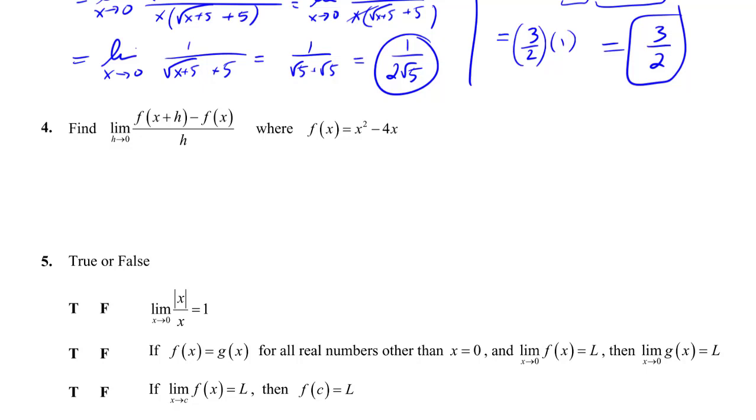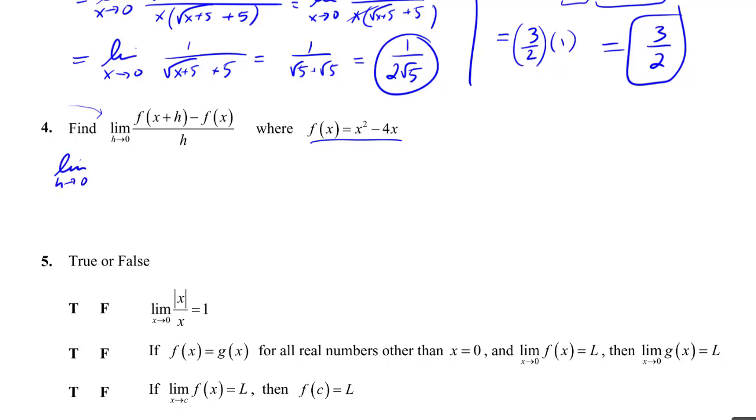All right, this is interesting because this is something that we're going to be doing in the future. Right now, I want to do it just as an algebraic limit exercise. But what we're doing here is actually something that later on is going to be essential to us. It's going to be the derivative, but this is just a look ahead. I notice that I have f of x is x squared minus 4x.